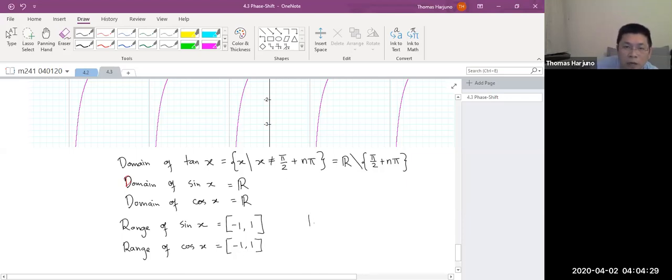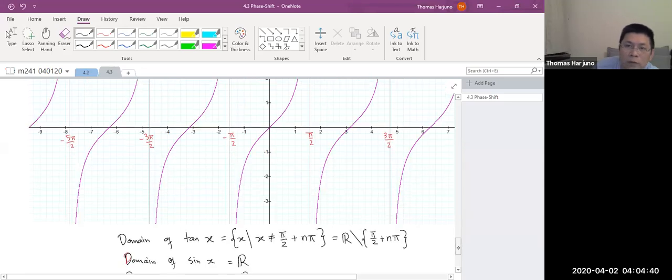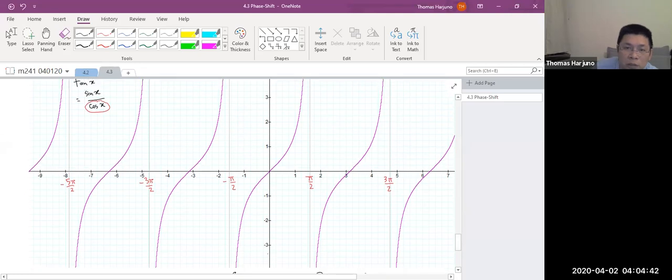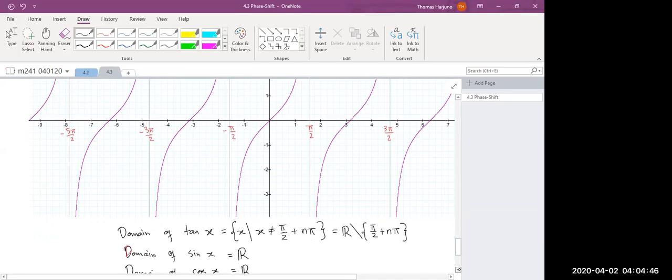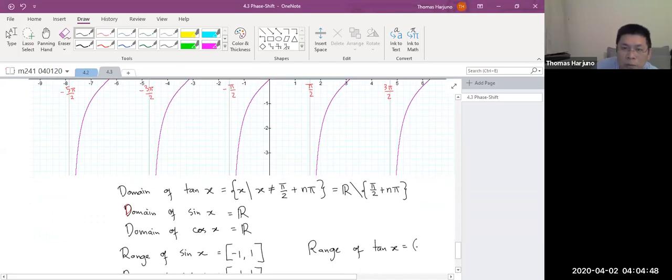However, the range of tangent x is negative infinity up to positive infinity. Or we can say that's basically all real numbers.